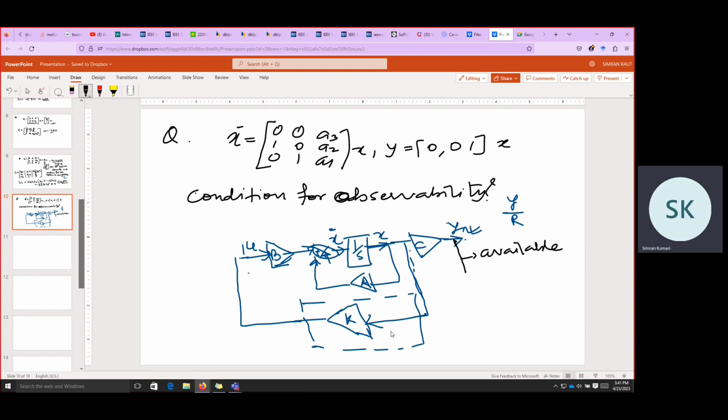And to design this controller, we need to estimate the state from this output. So we have some estimator.